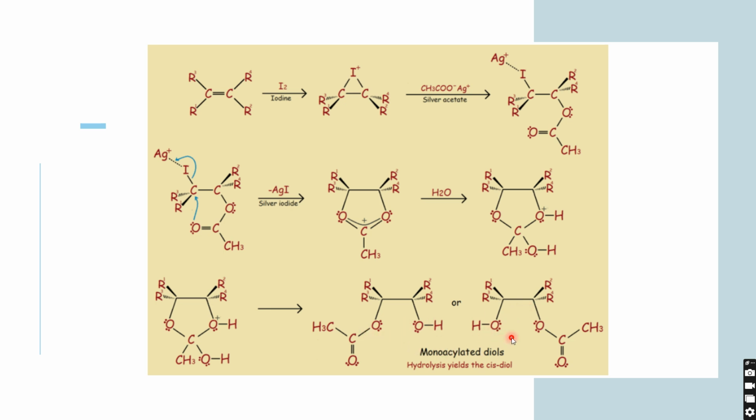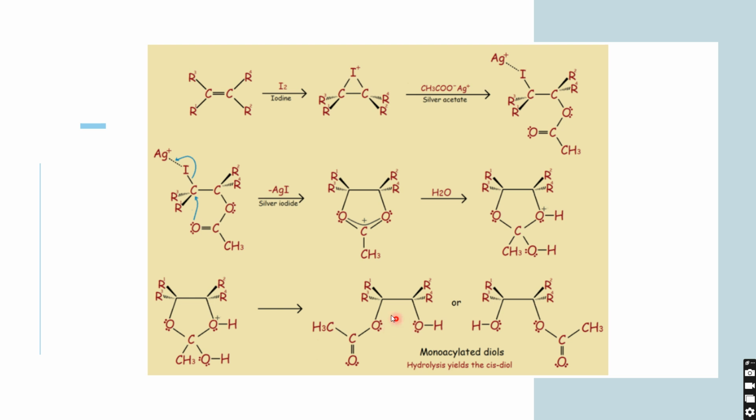Because of this ring opening after the protonation, we particularly get the cis diol. If you see, both these bonds lie on the same face since they originate from a five-membered carbocation intermediate, and after the ring opens both bonds are still on the same face.